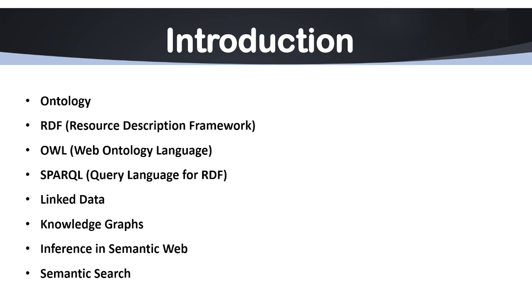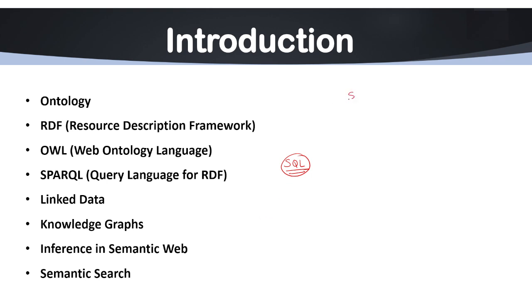Next we have SPARQL, that is the query language for RDF. As its name implies, it is like SQL, structured query language, for semantic web data. It is used to search RDF databases.